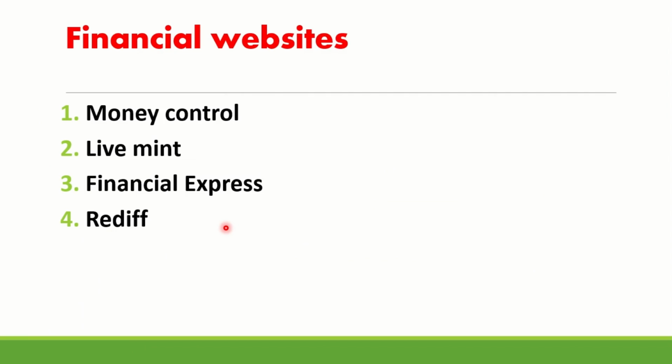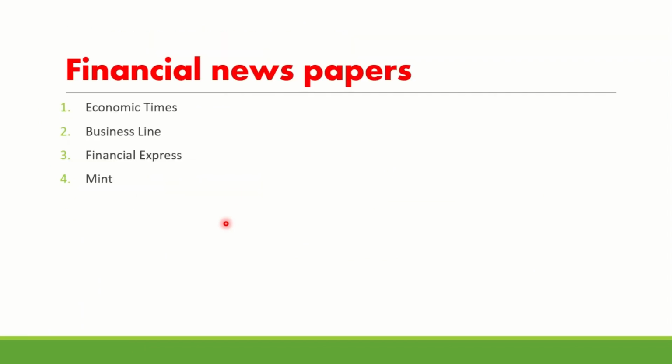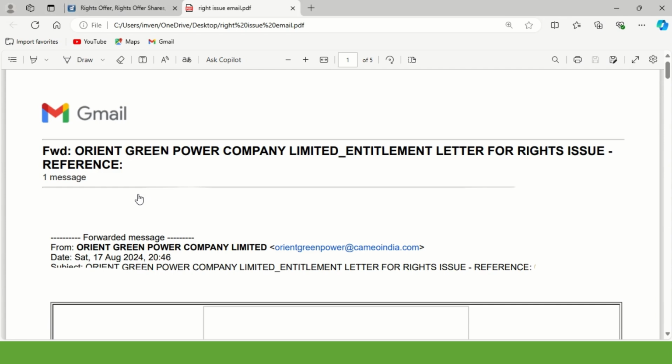Another source is financial newspapers, that is Economic Times. These are all famous newspapers, and you can collect the information there: Economic Times, Business Line, Financial Express, as well as Mint. Another is email, how you receive it by email.